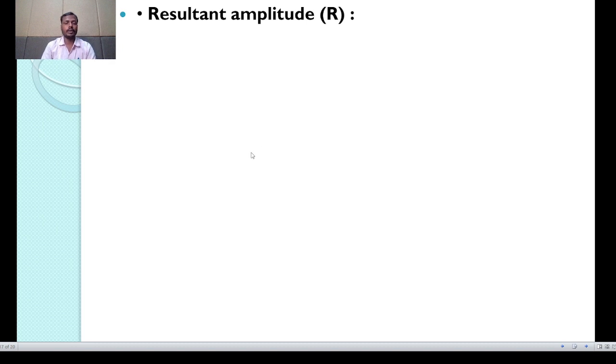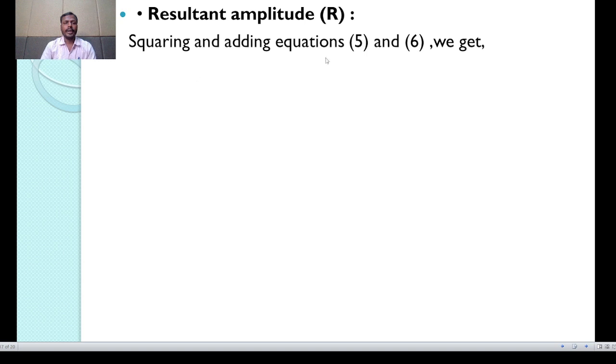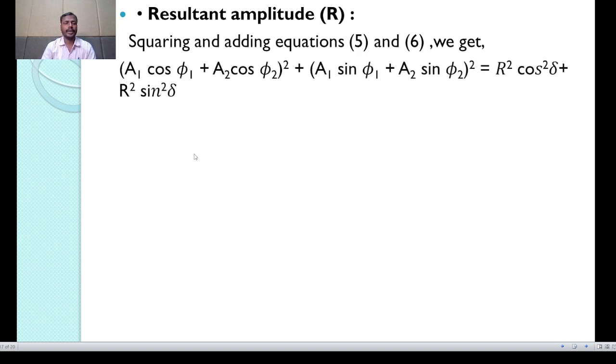Now for the resultant amplitude, squaring and adding equation number 5 and equation number 6. We know that a plus b bracket square is equal to a square plus b square plus twice ab.